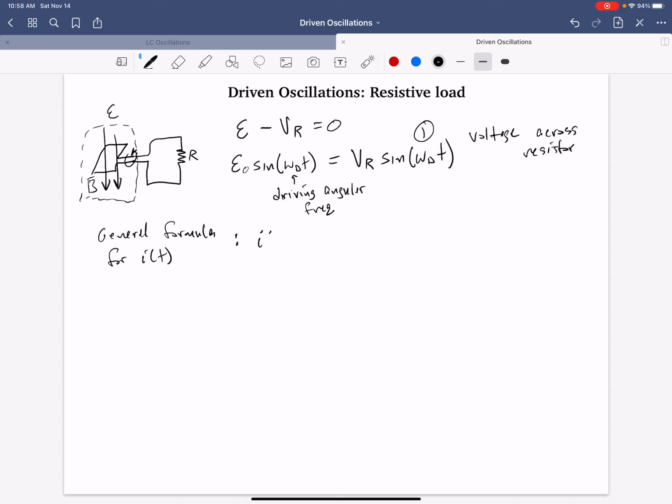And so the general formula for that, I of t, is equal to some initial current times sine of omega t, and then we also have to include some phase constant, because we'll see that the current using this general formula and the voltage across whatever circuit element we're dealing with will not always line up. They'll not always be in phase. So to compensate for that, we have to include this general phase constant, phi.